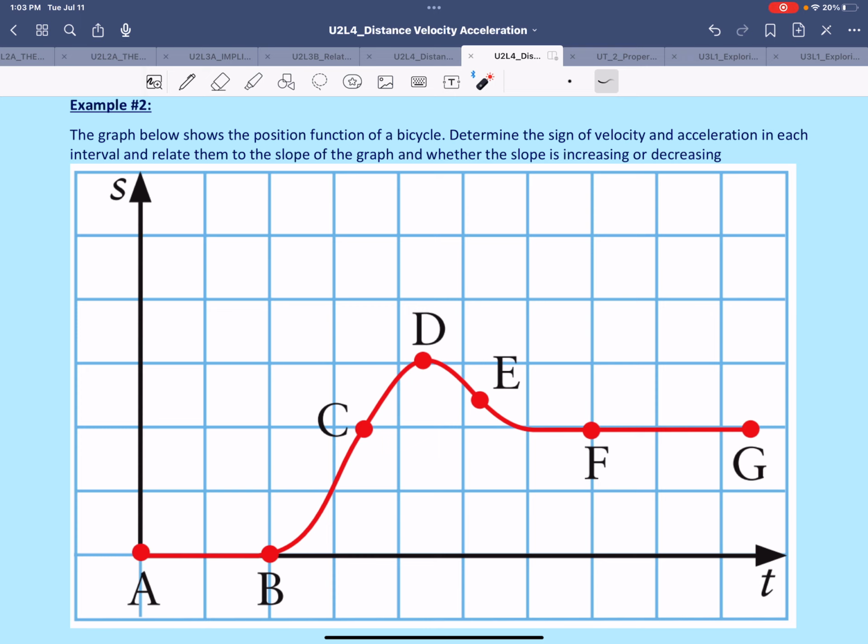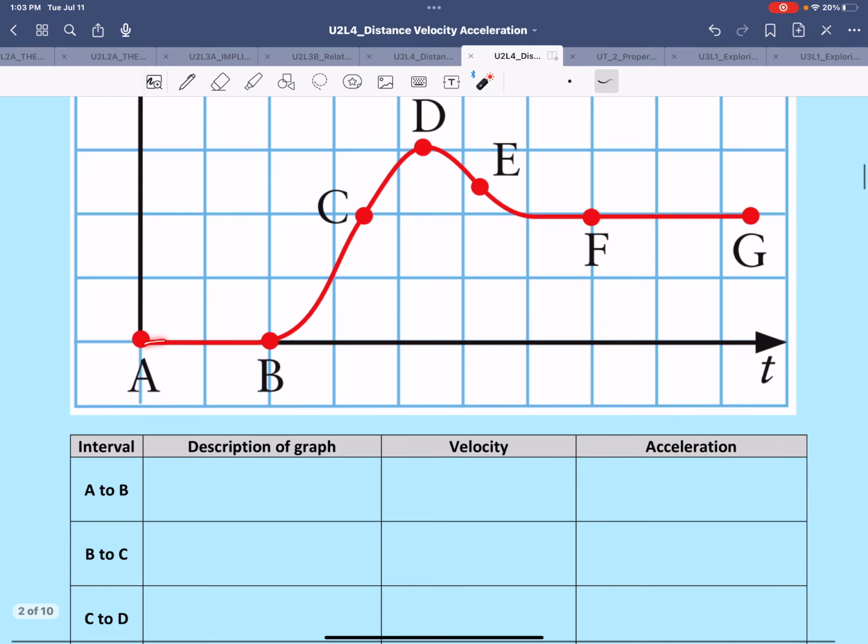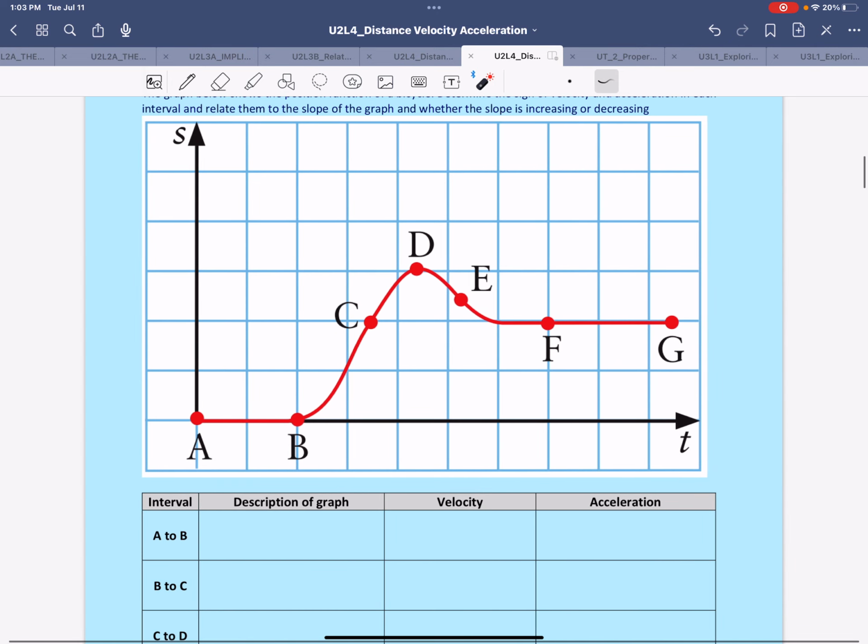We're going to start off with the motion from A to B. As you can see, A to B is a horizontal line. For the first 2 seconds, we're not given the units here, it doesn't really matter, we see that the position hasn't changed. If the position doesn't change, the object is not moving. In other words, the object is stationary.